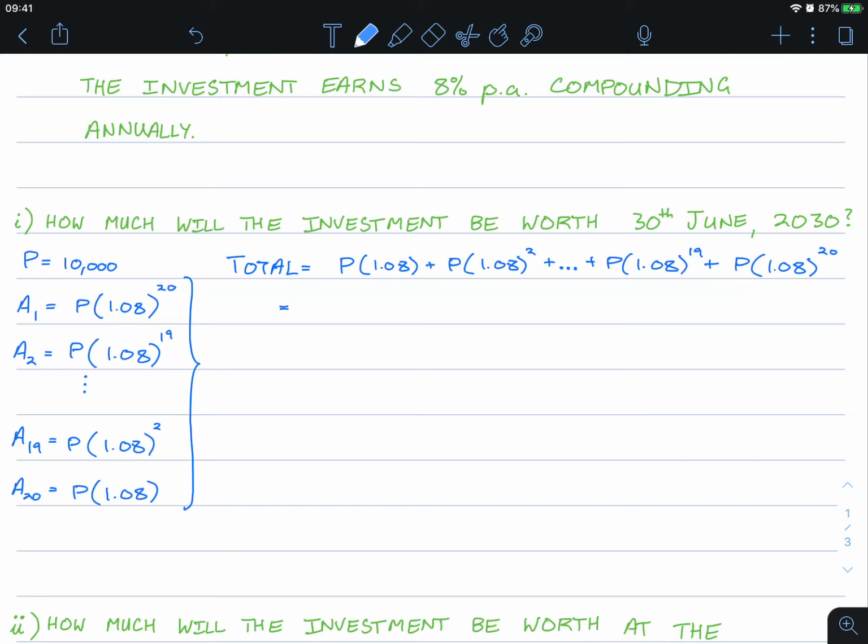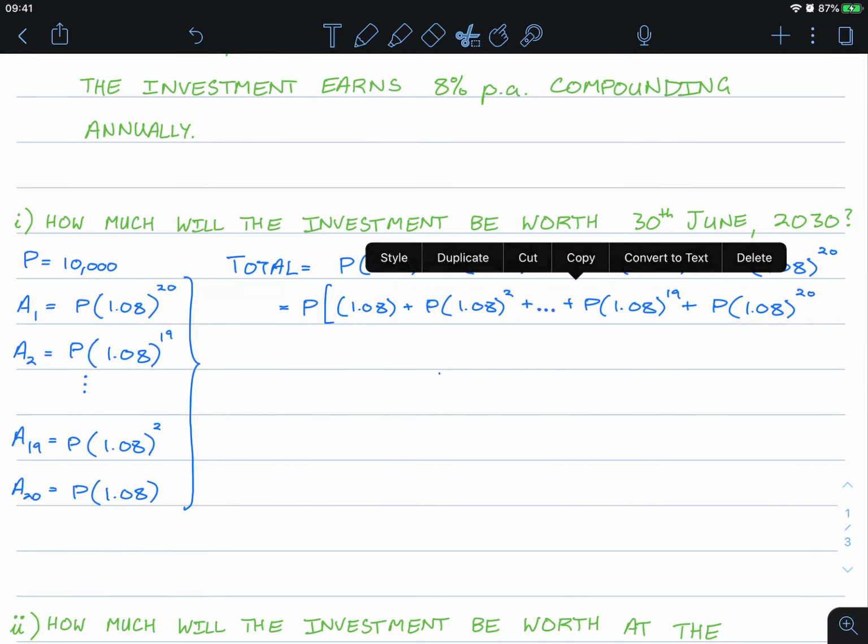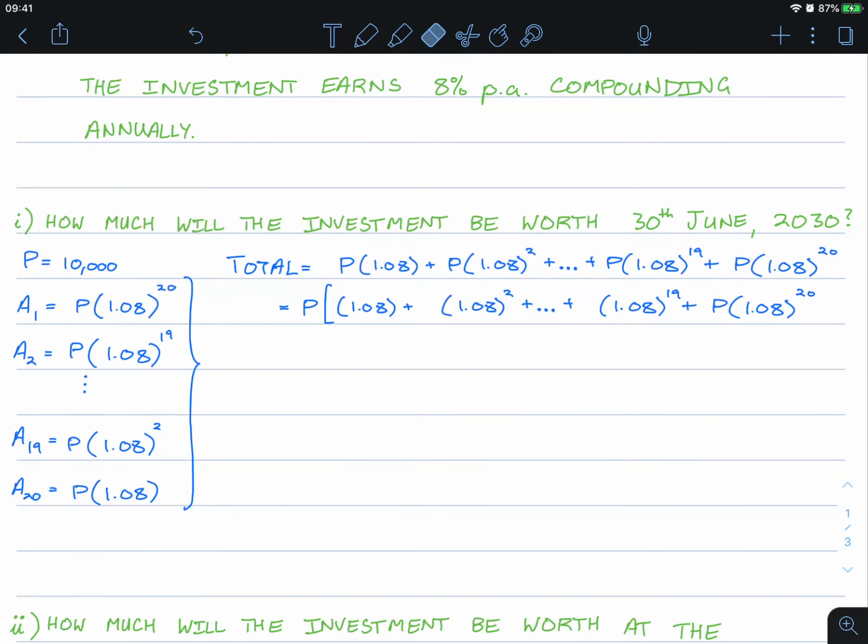Making my calculation slightly easier, I'm going to factor out P on the outside, leaving us with everything here, but with P factored out.